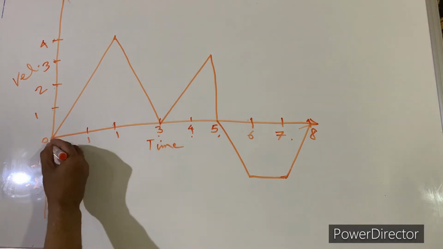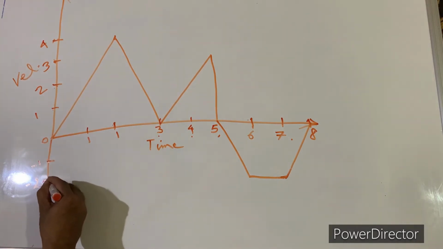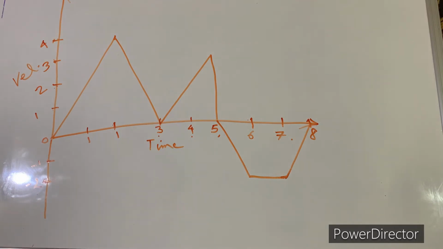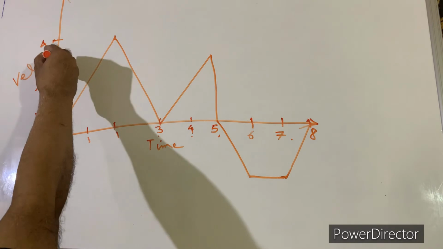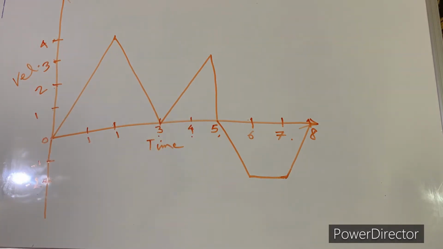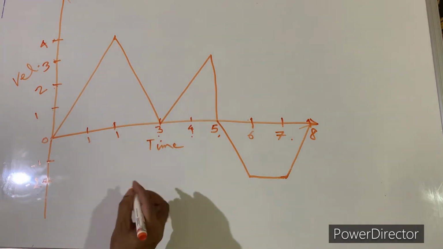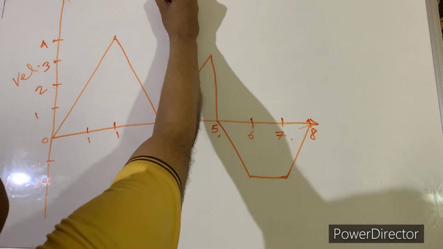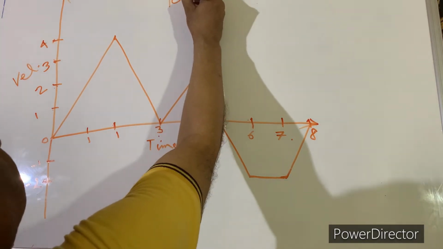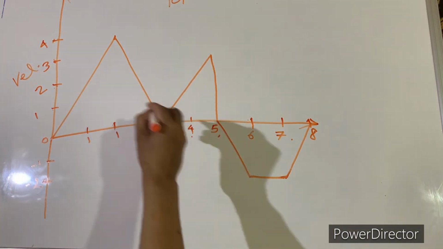And here velocity is -1, -2. Why? What does minus show? Minus shows the body is traveling in the opposite direction. The minus sign signifies the direction is opposite to what it was here. Clear?